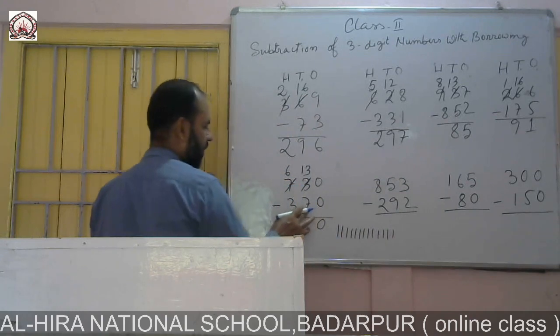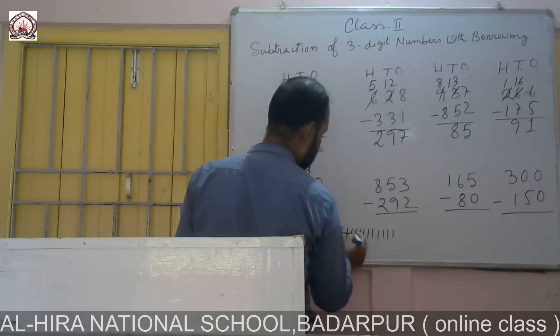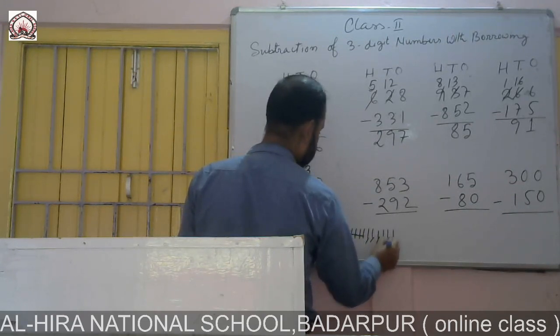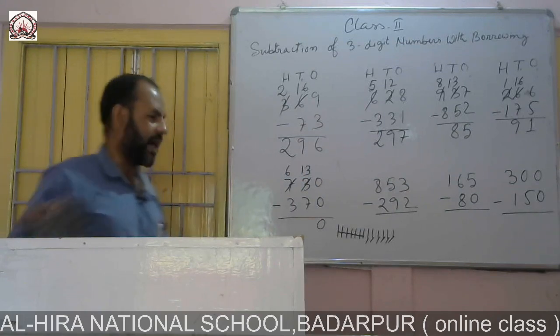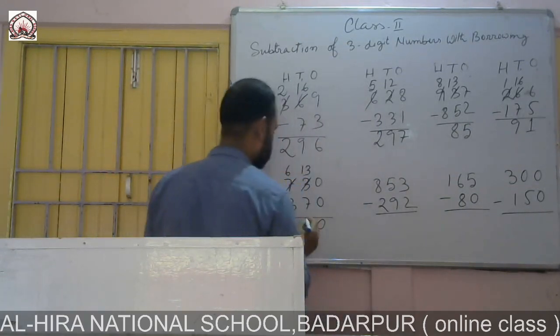We cut how many? 7. 1, 2, 3, 4, 5, 6, 7. Remain 1, 2, 3, 4, 5, 6. So 13 minus 7 is equal to 6.